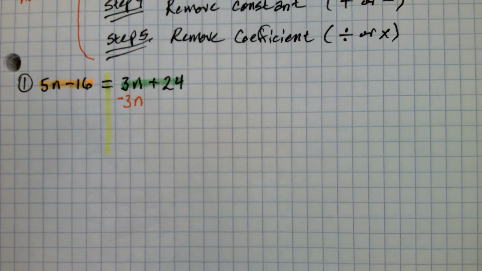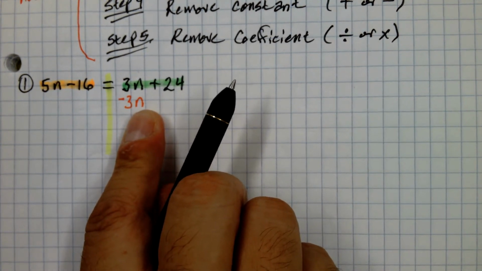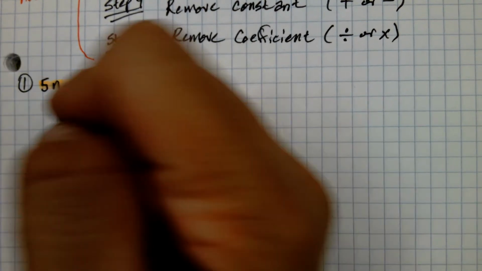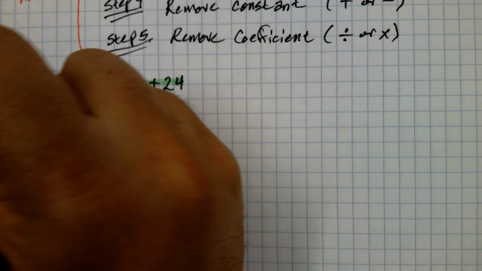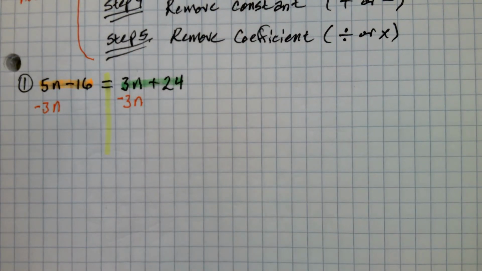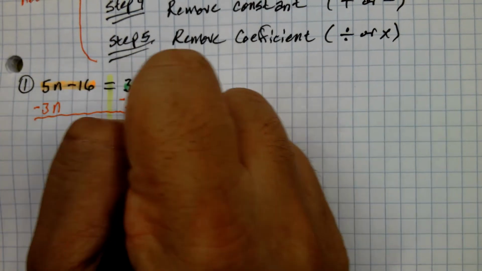But we want to get rid of all of it, 3n. And then since we do it on the right side, we have to do it on the left. So let's go ahead and also put a negative 3n. We're going to line it up with the 5n because those are like terms. They go together. And look what happens.